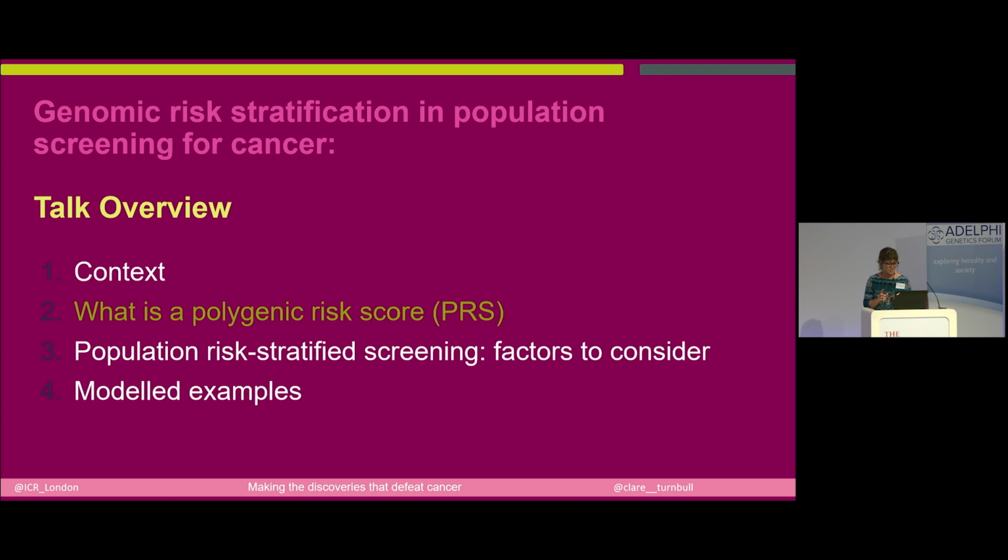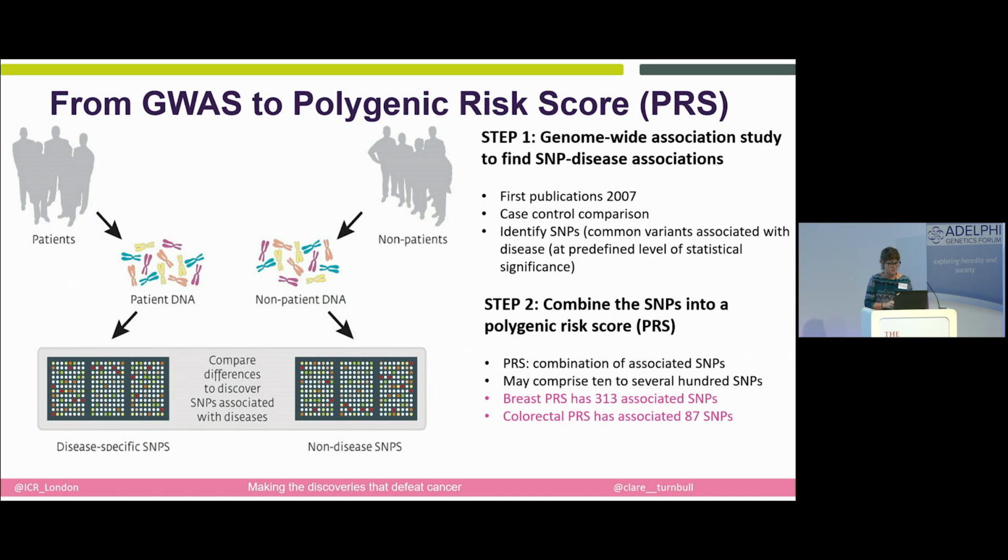So, moving on to polygenic risk scores. Andrew introduced the concept of genome-wide association studies. These are case control studies where you compare a large number of common genetic variants and their frequency in cases, individuals with disease, and non-cases, individuals without disease, to find associated SNPs.